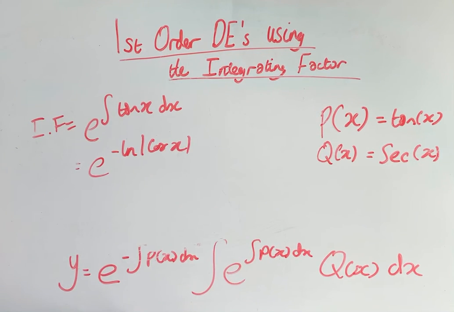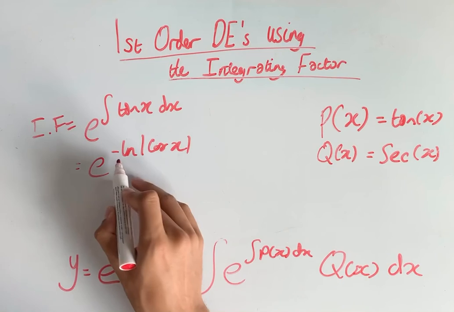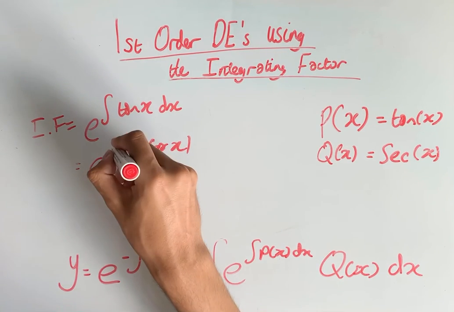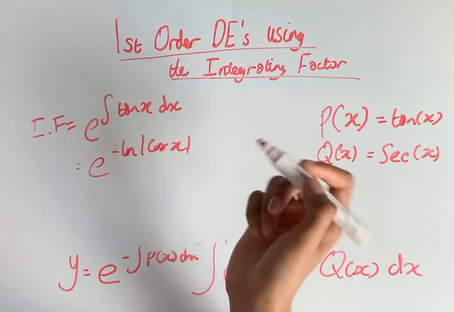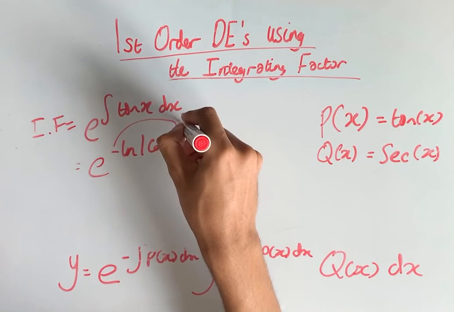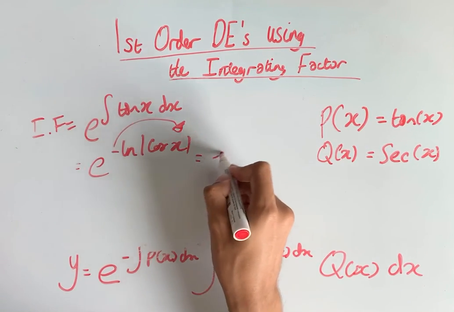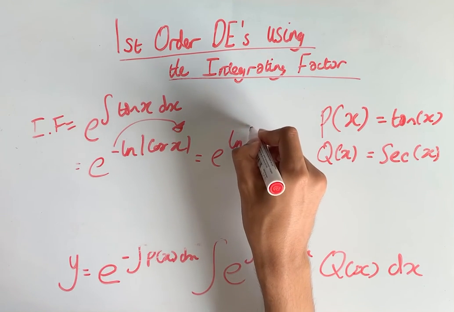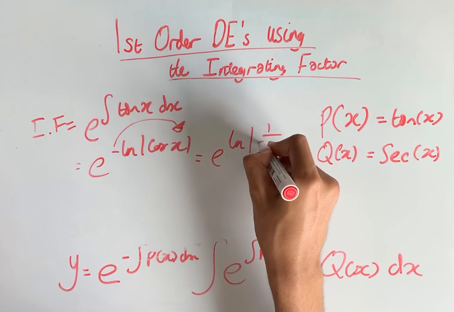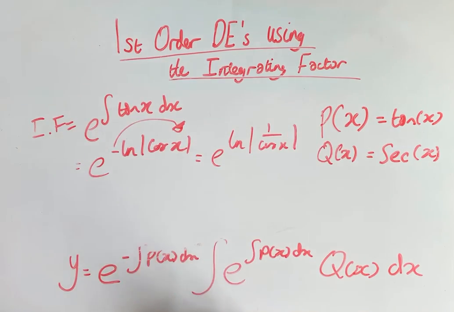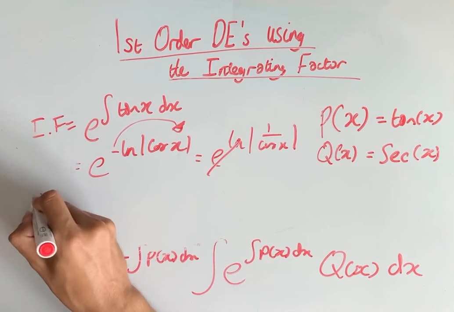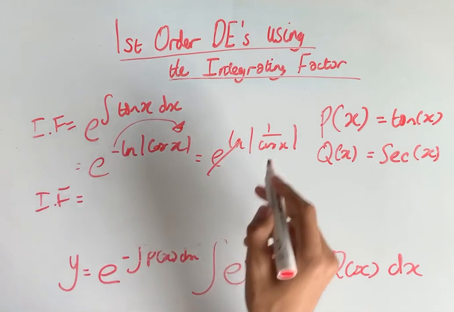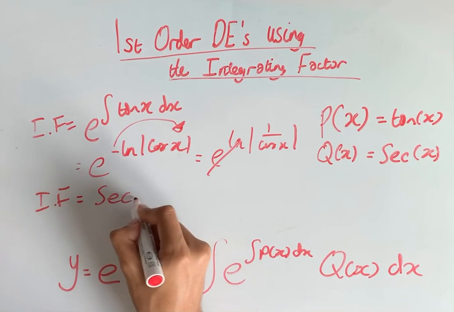Using the power rule of logs, we take the minus over here, and we get e to the ln of 1 over cos x. But look, you have e to the ln, and they cancel out, which means that our integrating factor is really just 1 over cos x, which is sec x.